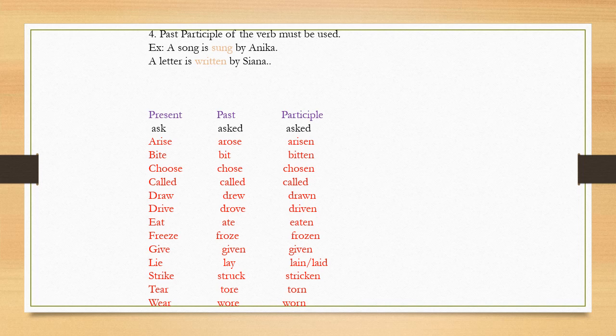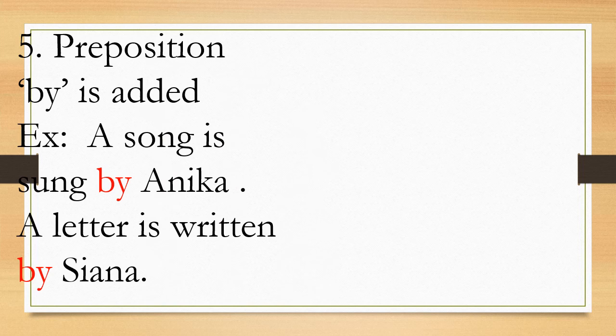Written is the past participle form of the verb write. I've given a list of verbs here: present tense, past tense and participle. Go through them. When the verb is asked, past tense is asked. Participle also asked. Arise, arose, arisen. So read all the other verbs.